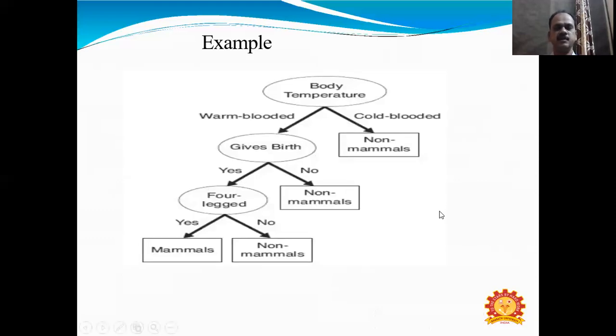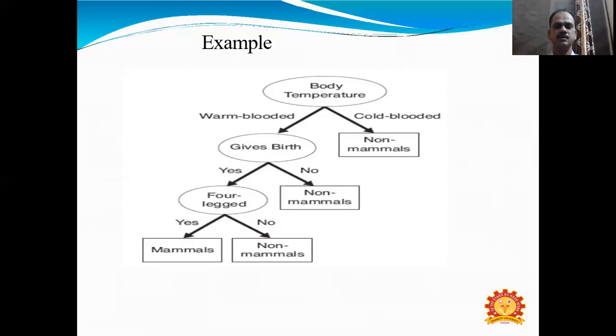So, we are given one example of a decision tree. The body temperature. Our human body temperature: warm blooded, which gives birth, leads to mammals.